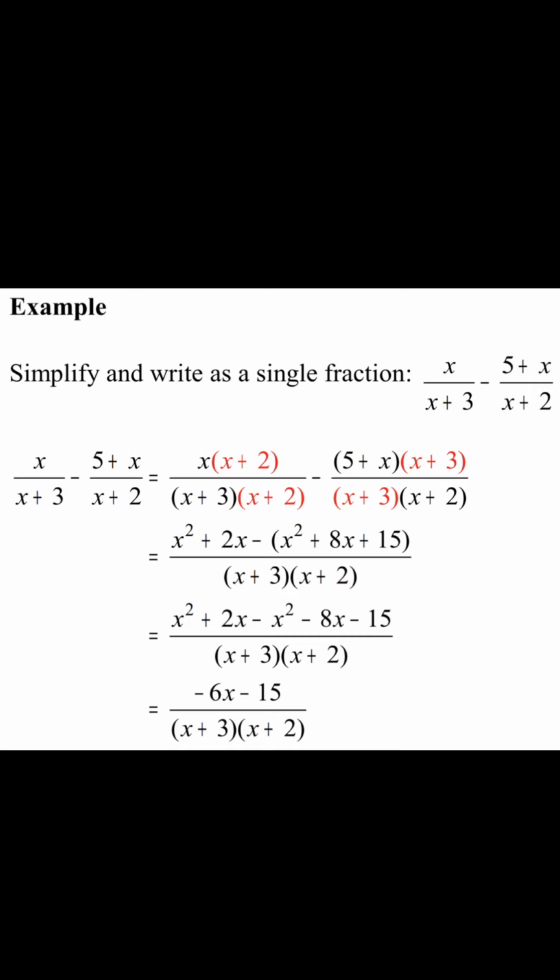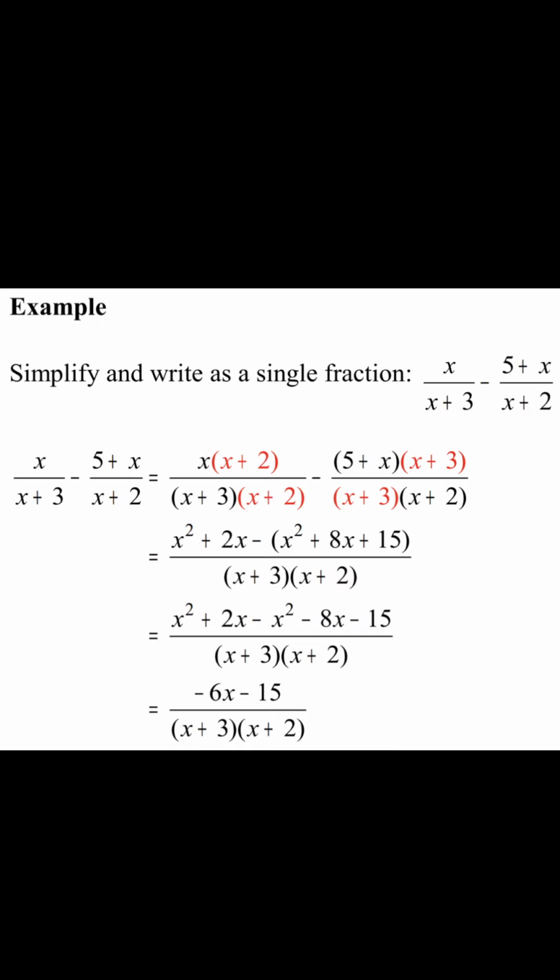All that they've done in the first line is they've taken the denominator on the left hand side, in other words x plus 3, and transferred that over to the numerator on the right hand side, and so that multiplies by the numerator on the right hand side, and vice versa for the x plus 2 denominator on the right hand side of the first equation to the numerator on the left hand side of the second equation.